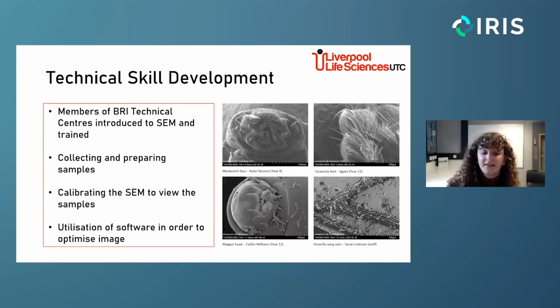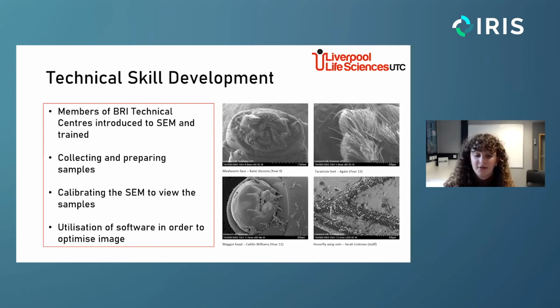We've also learned how to calibrate the SEM for independent use so that we can set up a facility for other students to use. We do this by closing the machine to create a vacuum, essential for the electrons to pass through. We have also been trained to use the software to ensure a high standard of images are collected for all of the students.